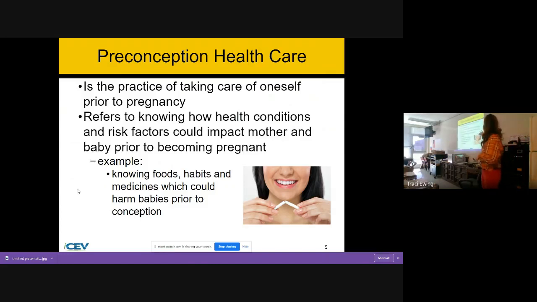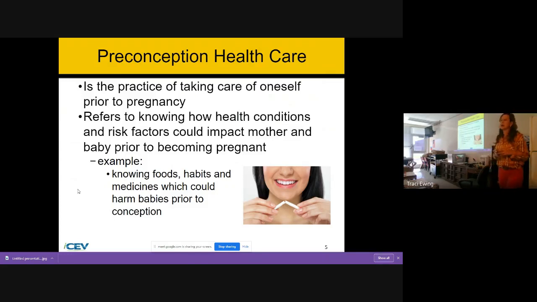So we're going to go through some of the things. It also refers to knowing your health conditions and your risk factors. If you have a heart disease, if you have seizures, if you are a diabetic, there's a whole list of things that could be issues for you when you're pregnant that you would need to deal with and address. Pregnancy affects our body very crazy, and we have a lot of hormone issues.